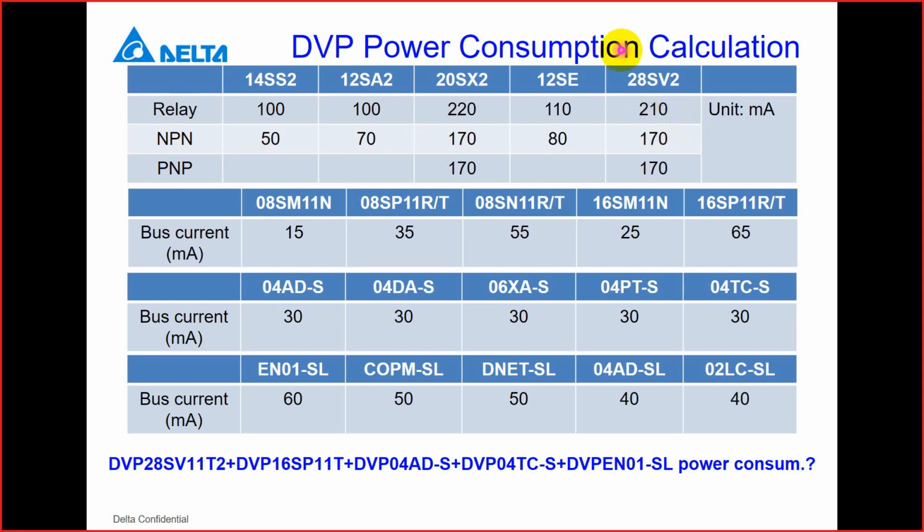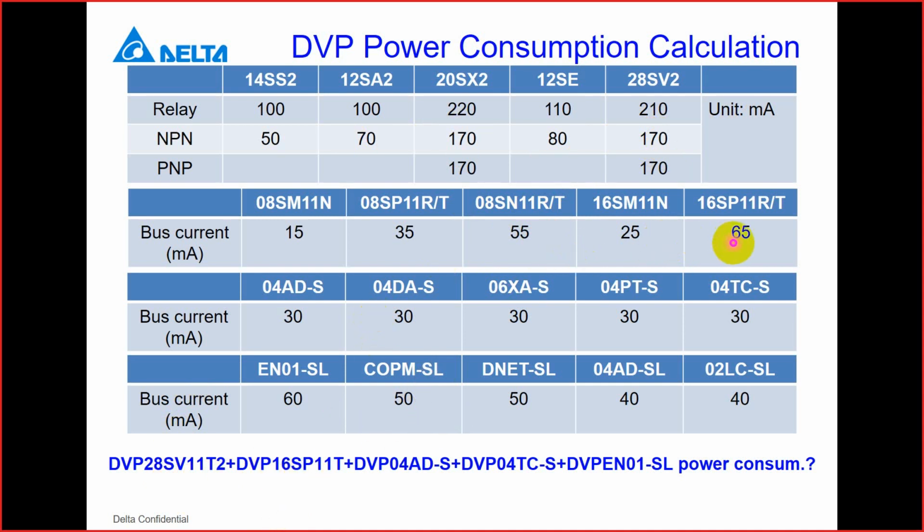Okay, so this is for the PLC itself power consumption, and then we can base on which module you use. So we just add on all this power consumption together, and then we can check whether the power supply you use is enough. So for example, we use the 28 SP2. So you can see the power consumption is 170 milliamp, and then DVP 16 SP.